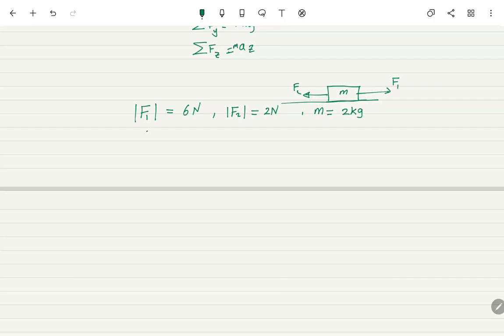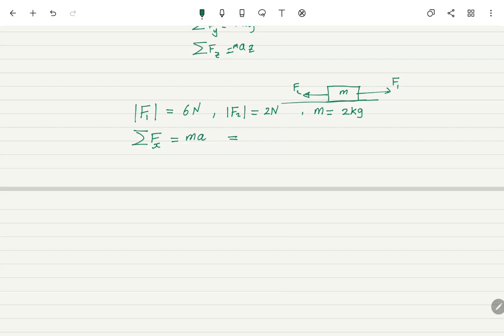The sum of all forces, or the net force, in this case has no y or z components, just the x-axis. The sum of all forces on x equals ma, with no other acceleration here. So the net force equals ma.